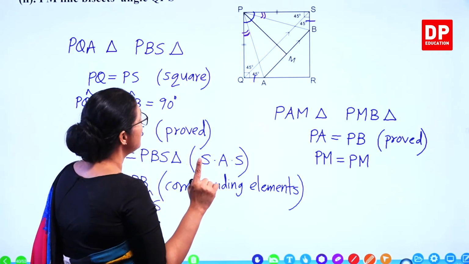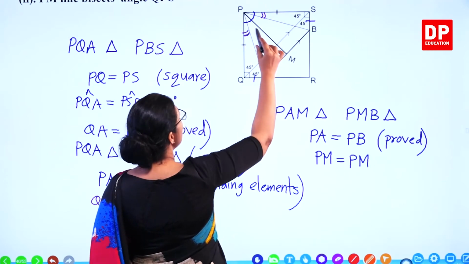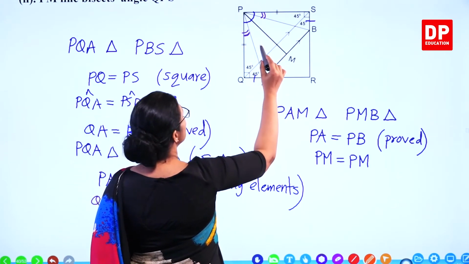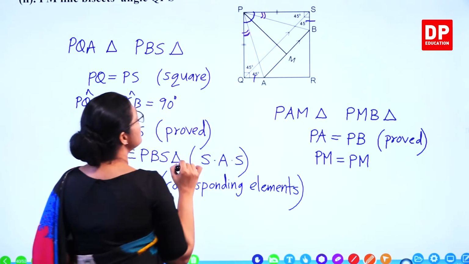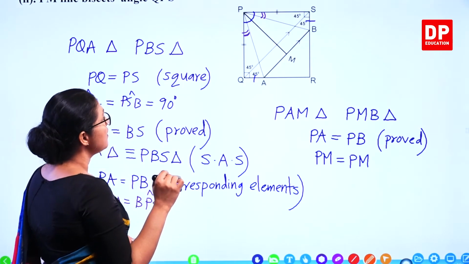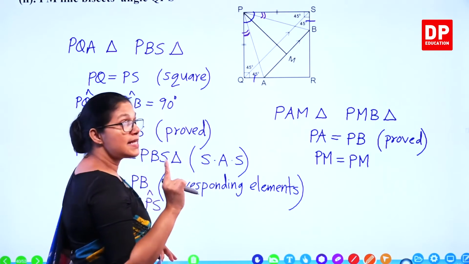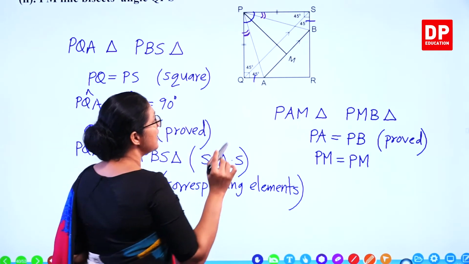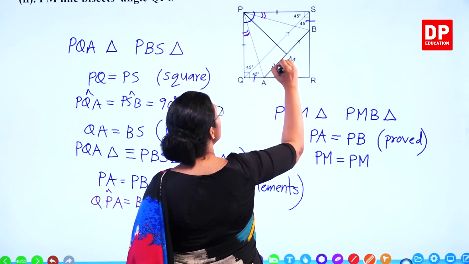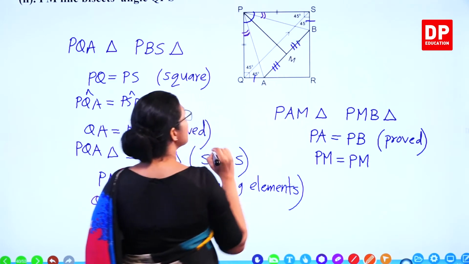And then we know that this angle is equal to this one. And what else we know? The M point is the midpoint of AB. So that is also equal. So this length is equal to this length.